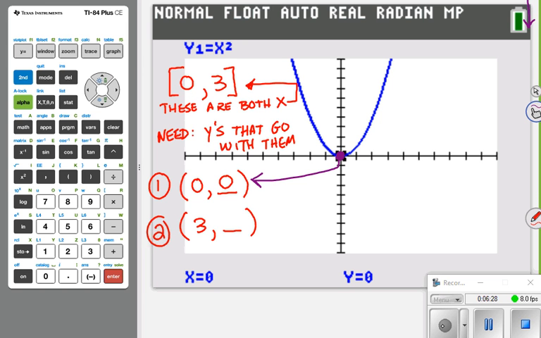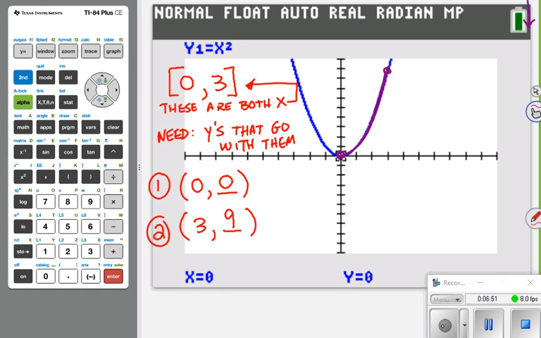Then you're going to travel along the x's until you get to 3. So let's plug 3 into the equation. 3 squared is 9. So as we go from 0, 0 up to 3, 9, well, this graph curves. You can't really find the slope of a curved line.